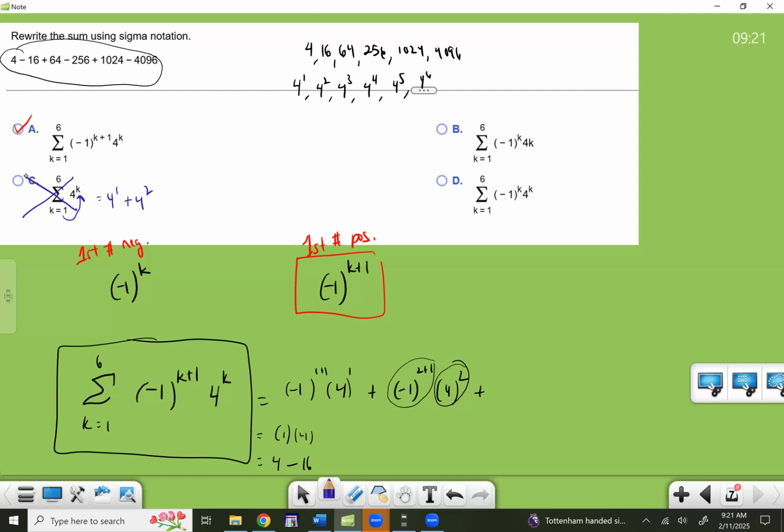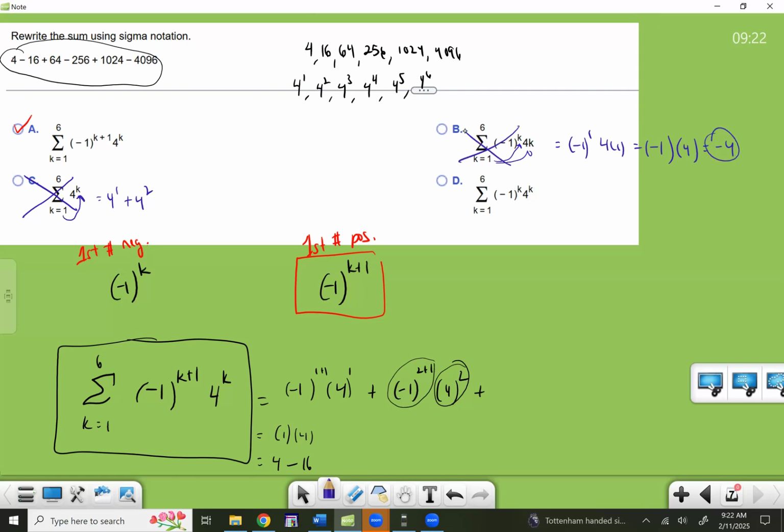So this is out. If I come over here and I substitute in a 1 for both k's, I get -1 to the first and then 4 times 1. Well, -1 to the first is -1, and 4 times 1 is 4. I'm not even getting the correct first term. I get a -4 when it's supposed to be a +4.